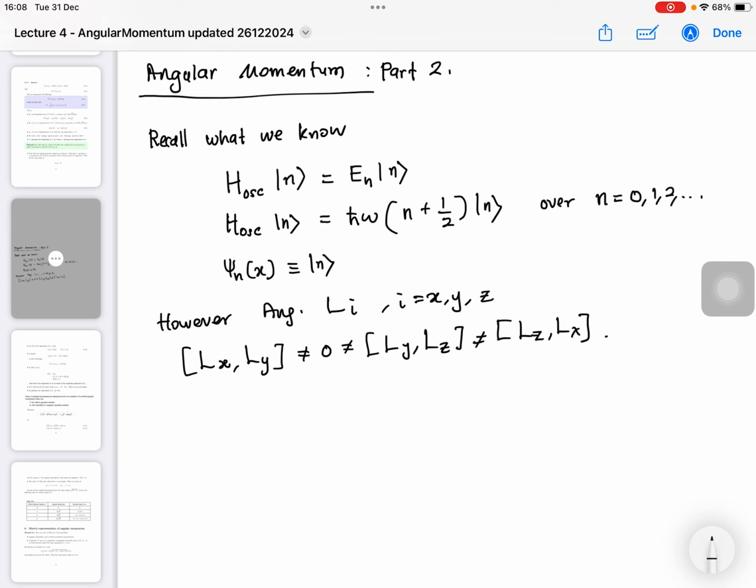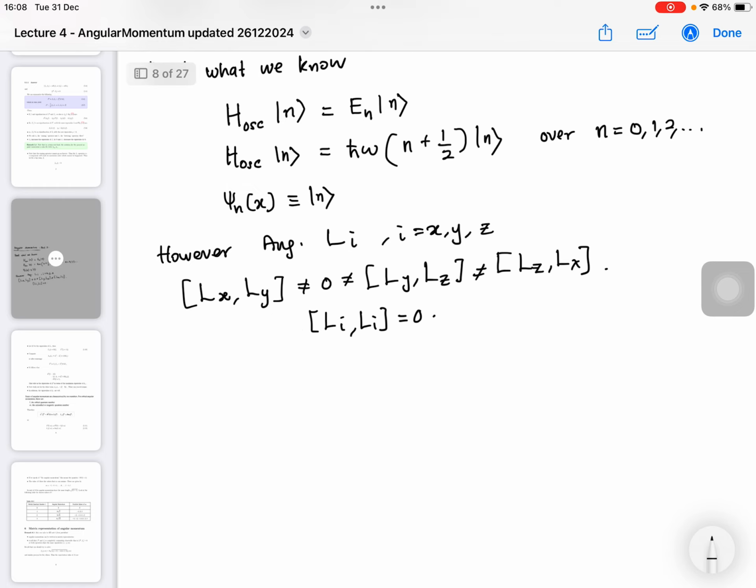However, if they are with themselves, their commutator relations just remain 0. That was easy. This covers a three-dimensional system, because you have x, y, z components.